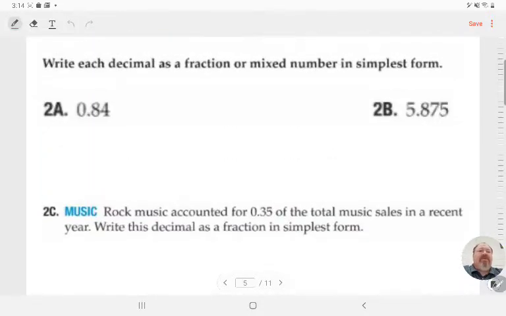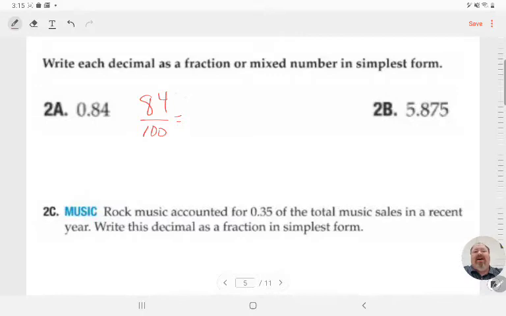So let's look at some examples you try. Write each decimal as a fraction or mixed number in simplest form. Go ahead and try these, then come back and see how you did. All right, so 0.84 or 84 hundredths. I'd simply put 84 over 100, and then I can simplify that down.